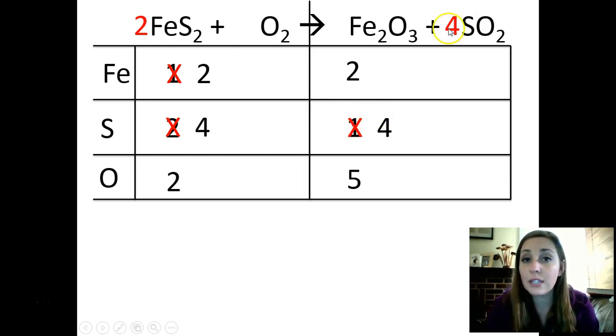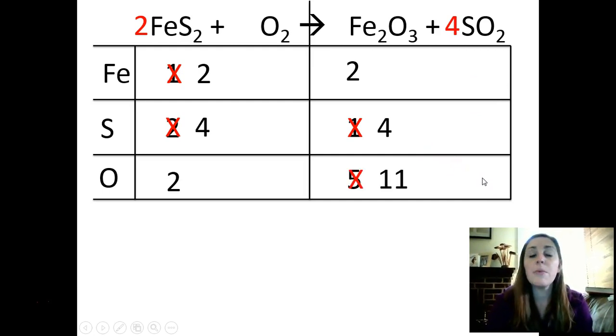But this 4 as a coefficient doesn't just affect the sulfur, it also affects oxygen. So now, from sulfur dioxide, I have 4 of them, so that's 8 oxygens. I still have 3 over here. So my total number of oxygens is no longer 5, it's 3 plus 4 times 2, 8. So that gives me 11.